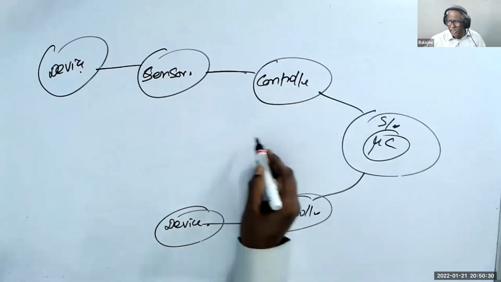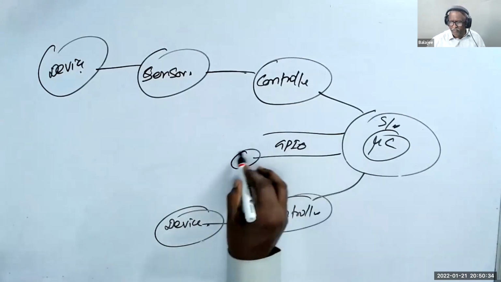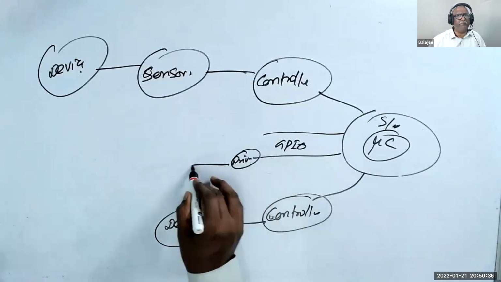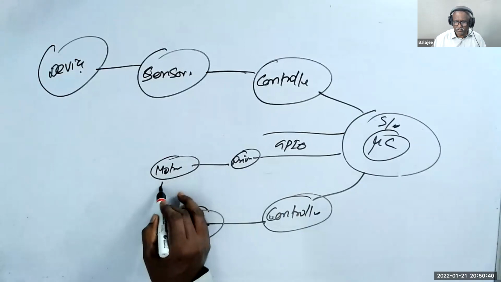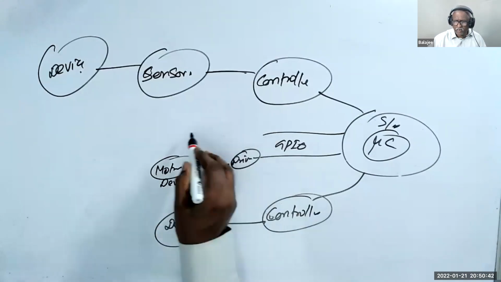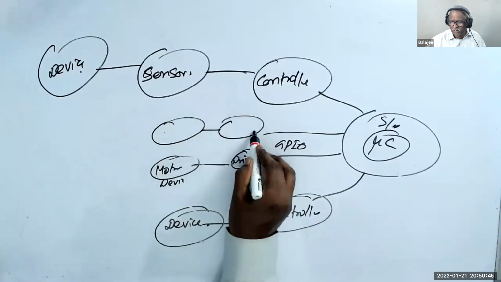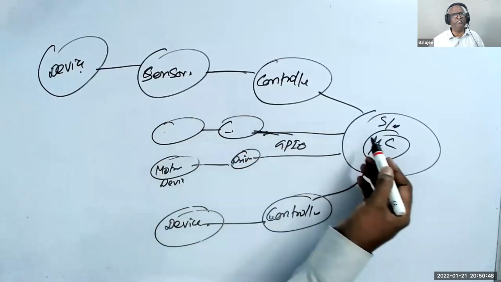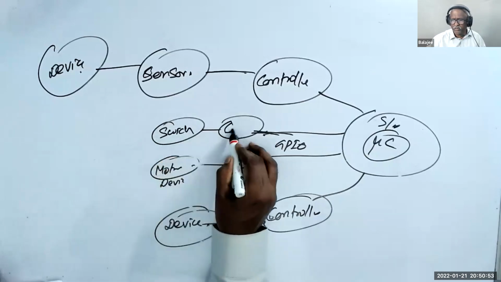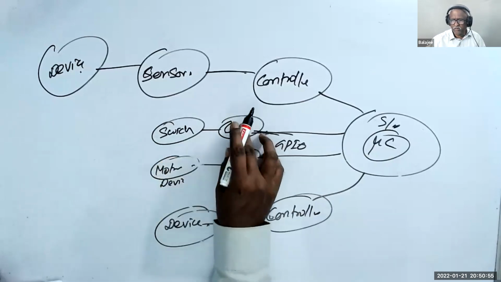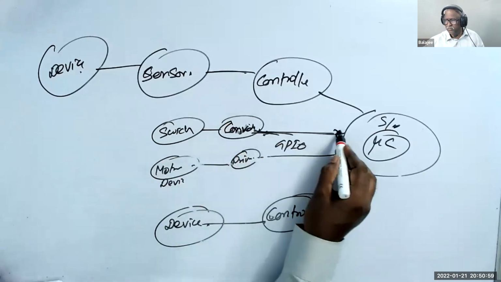If it has a direct input, GPIO, you connect a driver. Driver is nothing but an amplifier. Then motor or device. Then there is an input, whatever it is. Then I have a converter that converts it to an electrical signal. Switch is a converter. Then get the input.